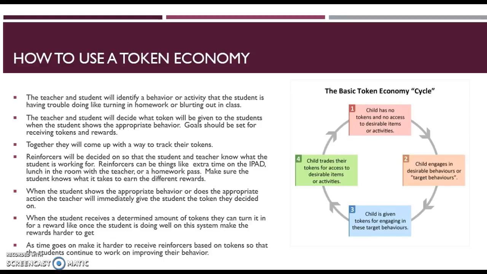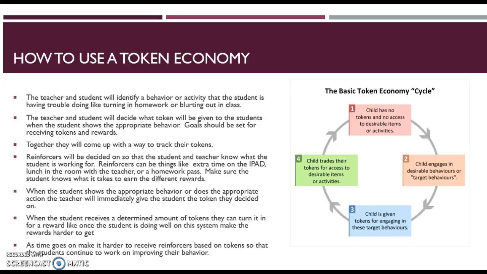When you use a token economy, you first set out by identifying a behavior or activity that a student is having trouble doing, like turning in homework or blurting out in class. It's important that the student and teacher decide and identify this behavior together so it's a team effort.